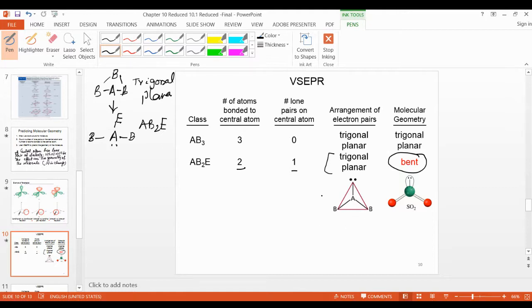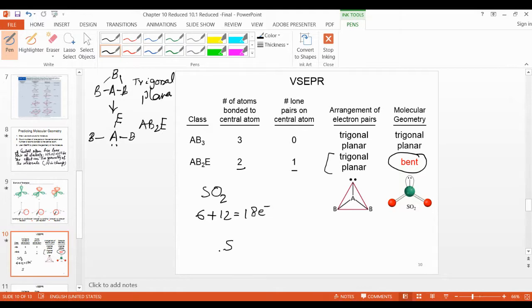Generally, this is AB2 type. This is sulfur dioxide, SO2. Suppose I give you this one, so you have to write the Lewis structure first. Sulfur is 6 plus oxygen also 6 multiplied by 2, 12, equal to 18 electrons.